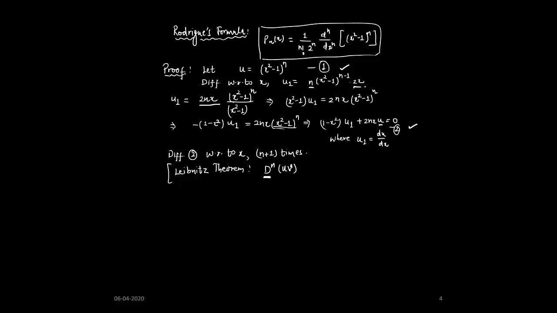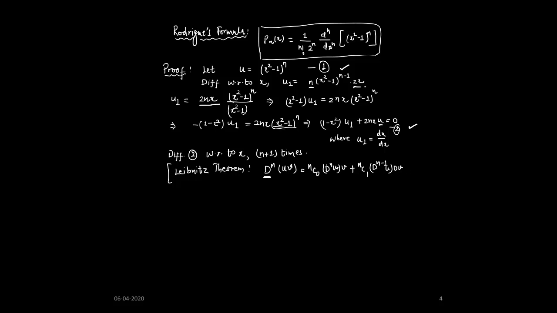So dn of uv denotes the nth derivative of this product, which is equal to nC0 dn u times v, plus nC1, and in the next term dn minus 1 u, and the first derivative of v.